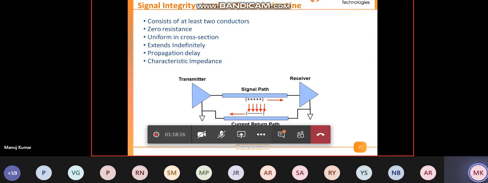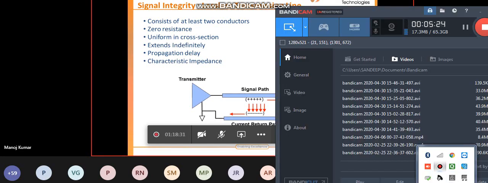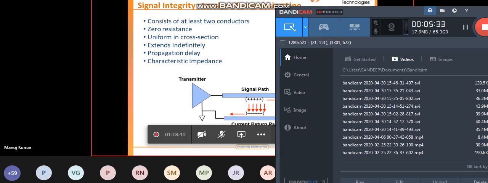That means it will generate EM energy to the next reference plane as it travels from point A to point B. It has zero resistance, it is ideally uniform in cross section, and it extends indefinitely. You will also see a couple of electrical parameters in lossless transmission lines: the propagation delay, and the characteristic impedance.